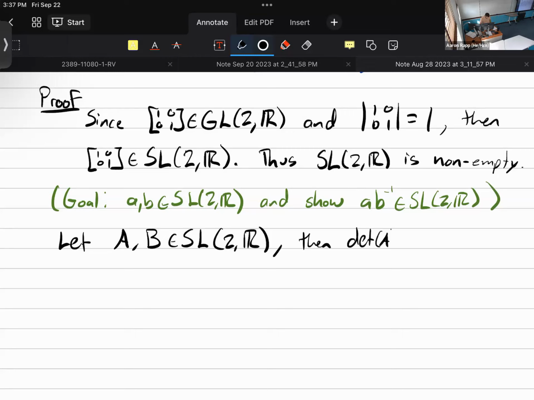So the determinant of A is equal to 1, as well as the determinant of B. What can I do with that?